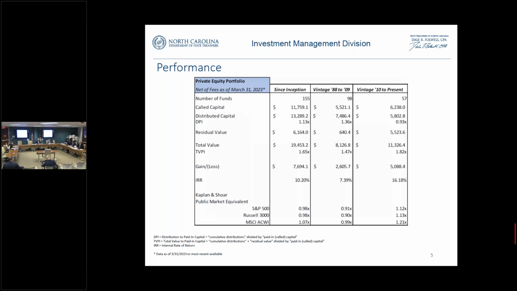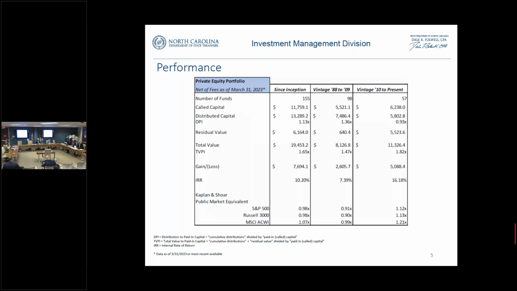So what we like to do is compare ourselves to what would have been in the public markets. There's a standard analysis run by Kaplan and Schoar. It's called the public market equivalent. We can choose an index and run it against our portfolio versus the public portfolio.